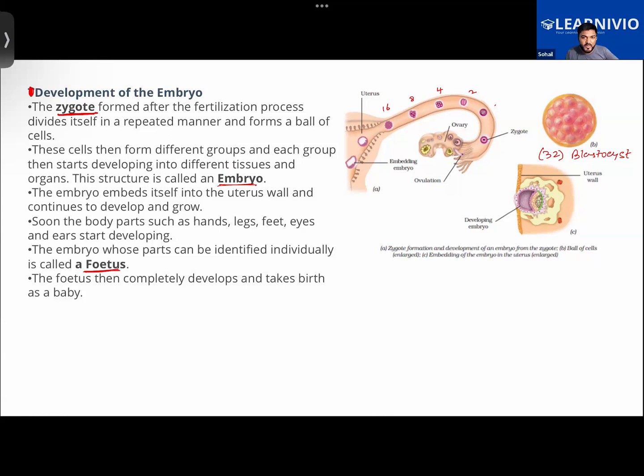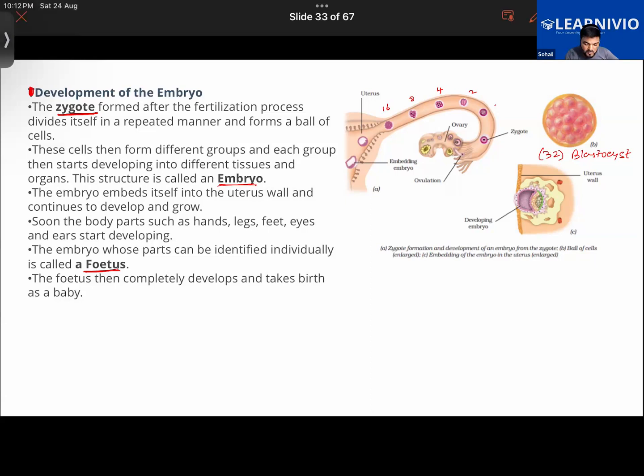Then this will be called an embryo. In the blastocyst, certain groups of cells have formed, and different groups would start to develop into different tissues, because we know from cells, tissues are formed, and from tissues, organs are formed. At this stage only cells are present, so cells, after combining, can form tissues only at that stage. So tissues will start to develop.